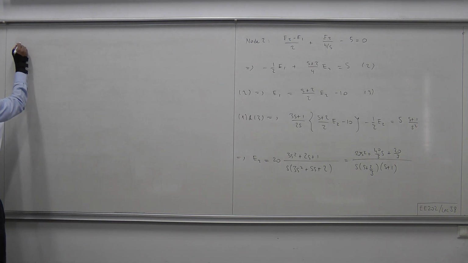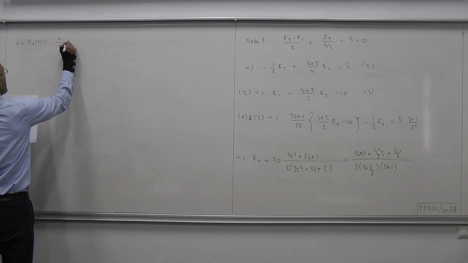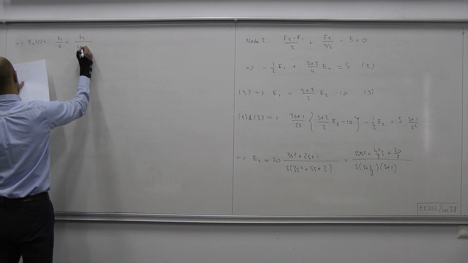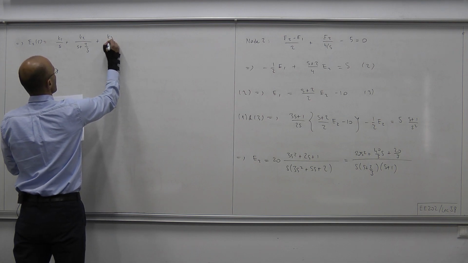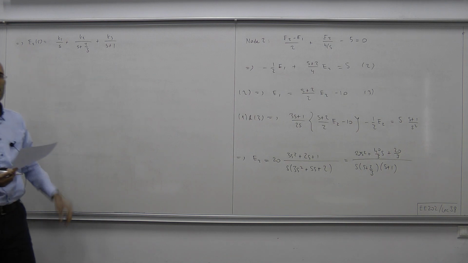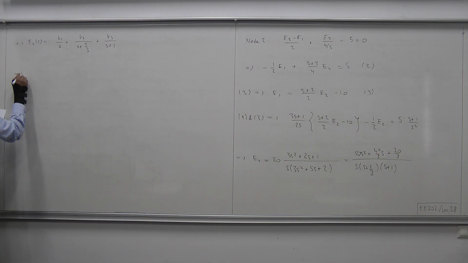Okay, so that means E2 of s equals something over s plus something over s plus 2/3, and finally something over the last term, s plus 1. Those somethings we call residues. And how do we compute residues? What's K1?